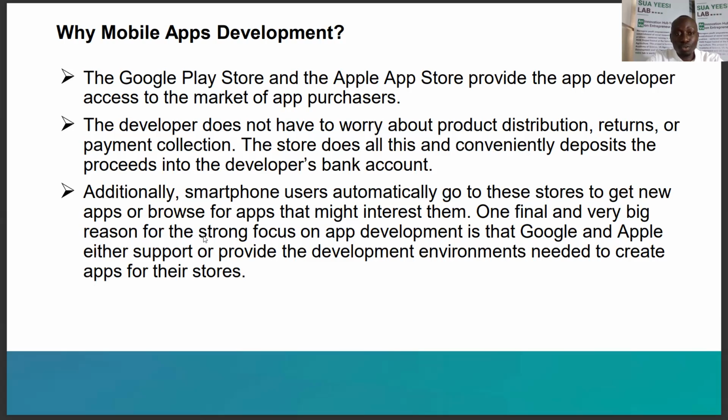These stores, that's Google Play Store and Apple App Store, do all this for the purchasers. Again, smartphone users automatically go to these stores to get new apps or browse for apps that might be of their interest.